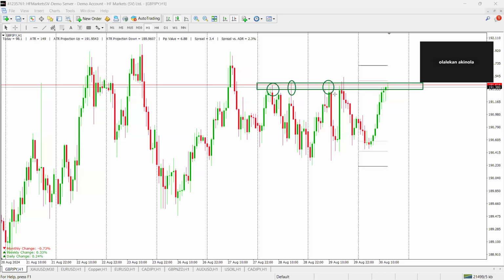Which means the moment I saw price move back to this point, it is not going to be weird for me to see another rejection, and price dropped. 4 times price tested that level and it sold. It means that level is a proven sell level, a proven resistance level.